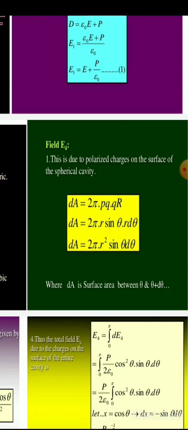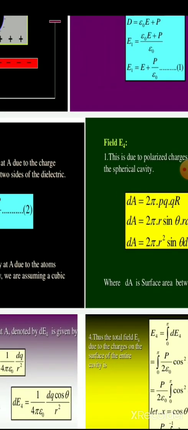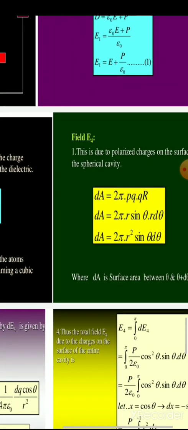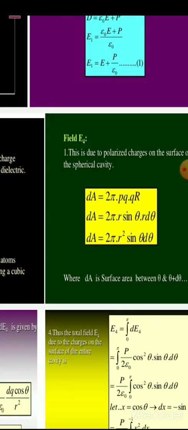First, dA is 2 pi into PQ into QR, for the circumference. From this figure we can see that PQ equals r sin theta, since sin theta equals PQ by r.